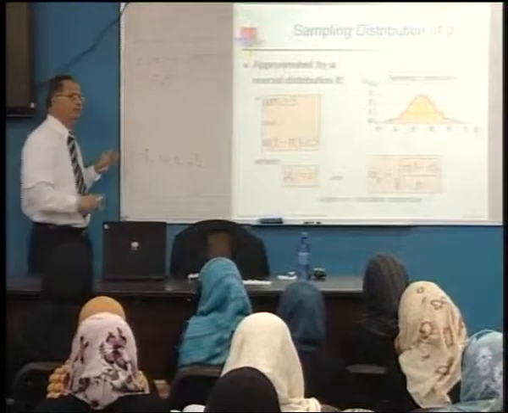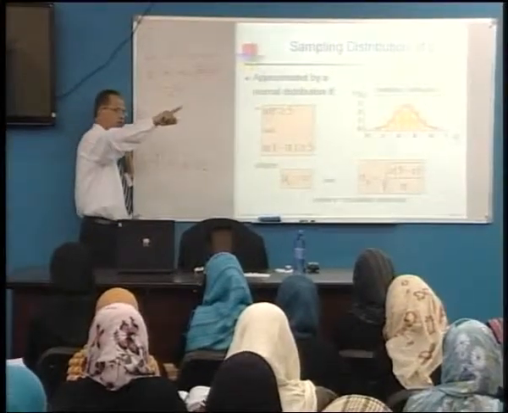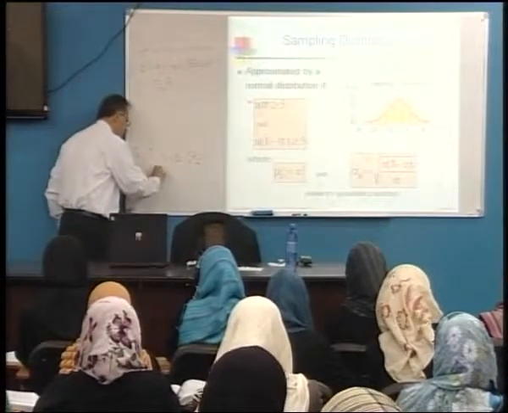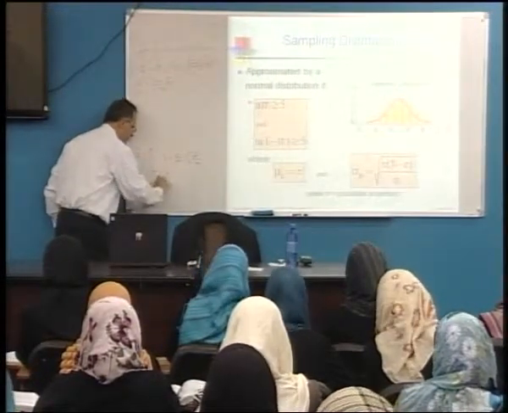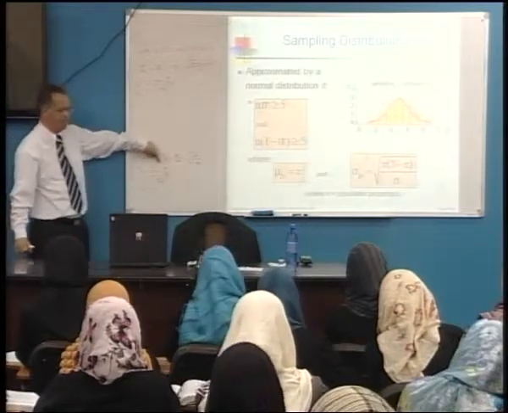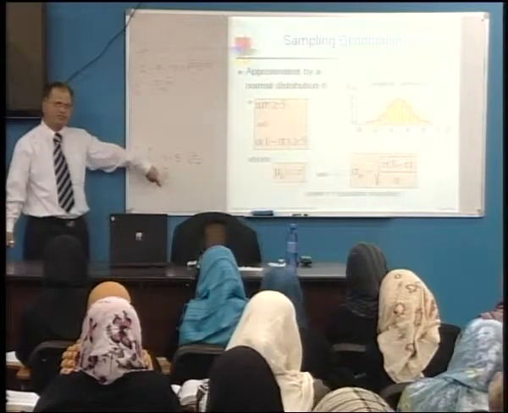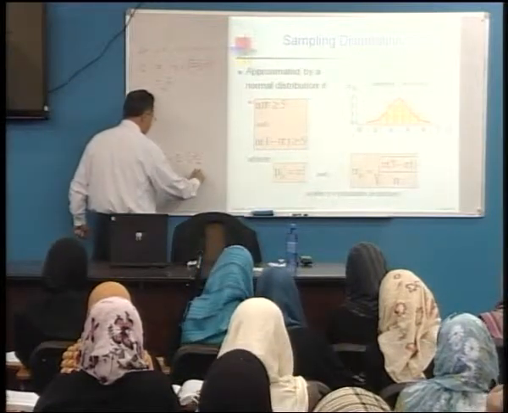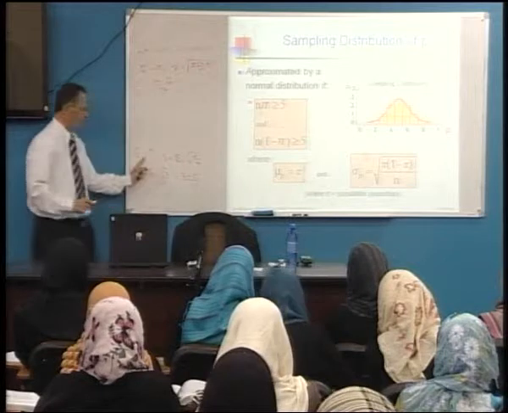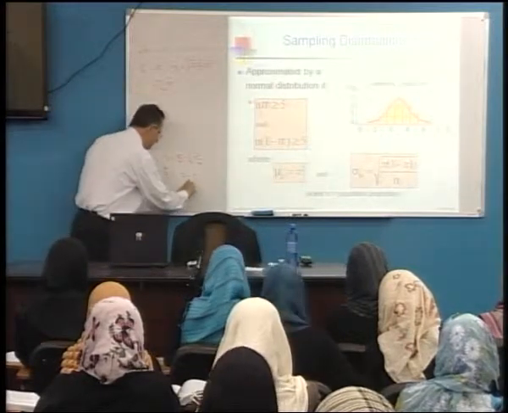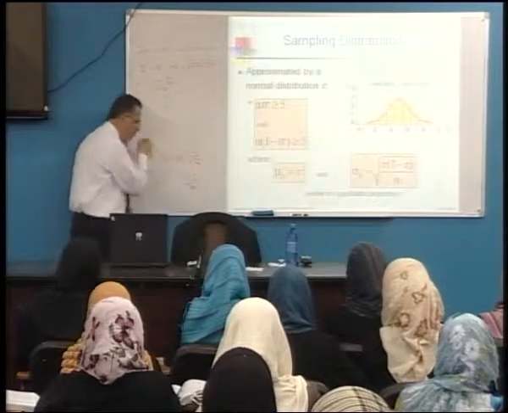Last time, we talked about the sampling distribution of x bar. So your z-score equals x bar minus the mean of x bar divided by sigma of x bar. So that's x bar minus mu, because the mean of x bar is mu, divided by sigma of x bar, sigma over root n.